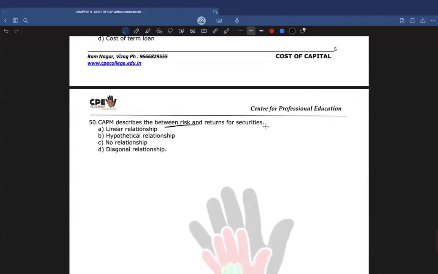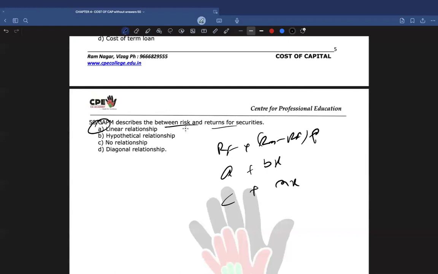CAPM describes the relation between risk and returns. So CAPM is RF plus (RM minus RF) into beta, which is pretty much similar to Y equals A plus BX, or MX plus C, which is a linear relation. So the answer is supposed to be A, where the relation that CAPM describes between risk and return is linear.